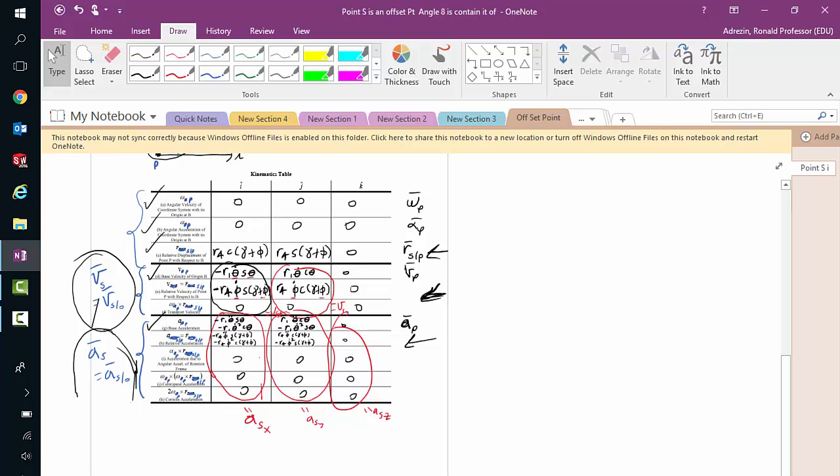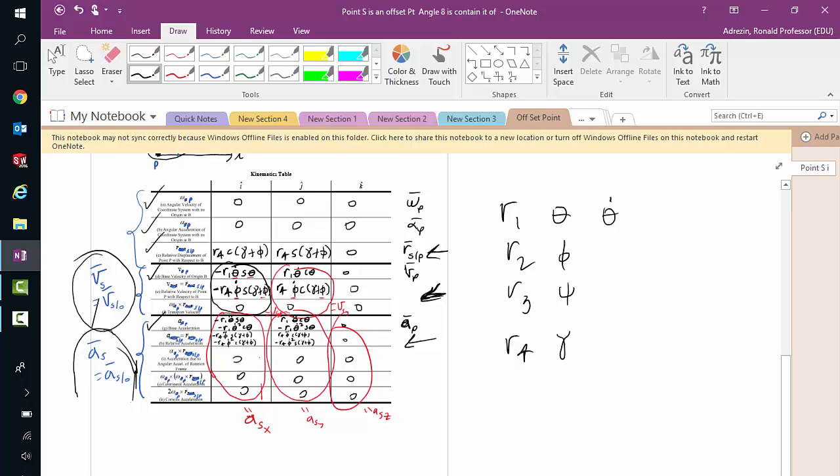Let's just say we're looking at the 4-bar, because that has more stuff in it, so it's probably a little bit more interesting. What are the variables? We've done this before. If I scroll back up, we had R1, we had R2, we have an R3, now we have an R4. We had a theta, we have a phi, we have a psi, and now we've added a gamma.